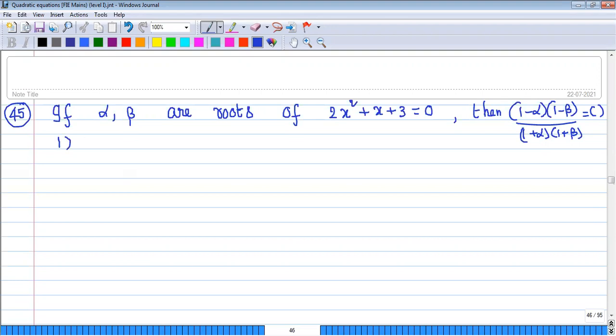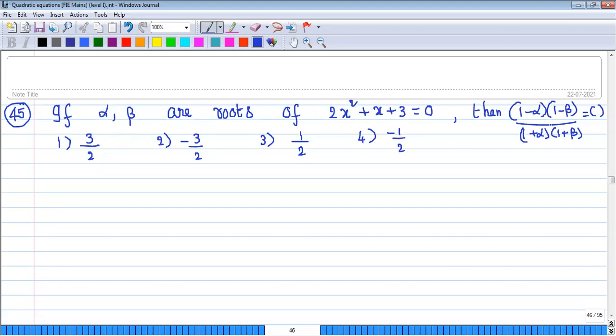First option 3 upon 2. Second option negative 3 upon 2. Third option 1 upon 2. Fourth option negative 1 upon 2.